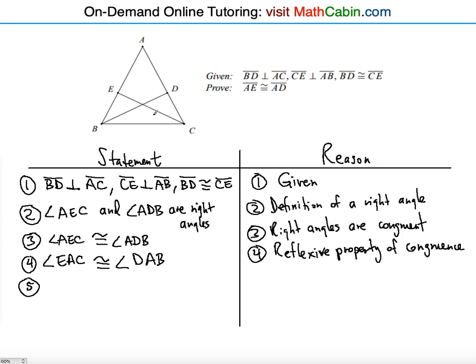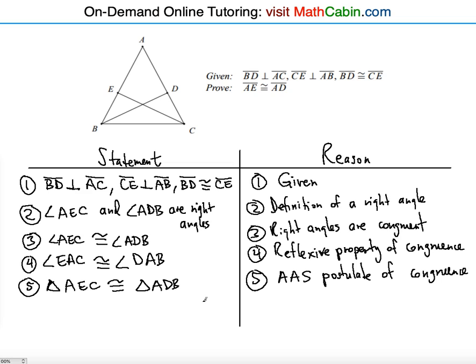For that, we're going to use the angle, angle, side postulate of congruence, because we have two sets of angles that are congruent, and we have the side BD being congruent to CE, which is a given. So we're ready to state that triangle AEC is congruent to triangle ADB, based on the angle, angle, side postulate of congruence.